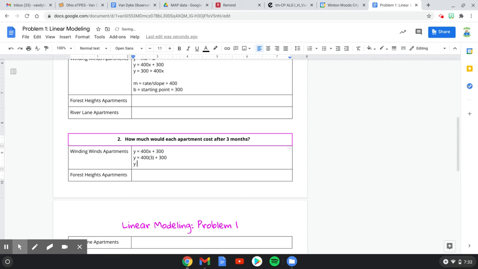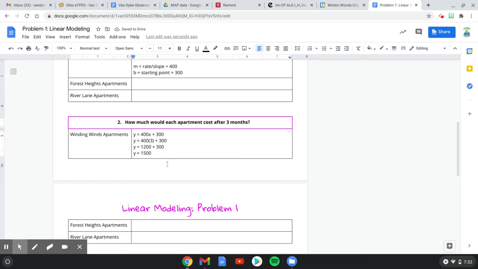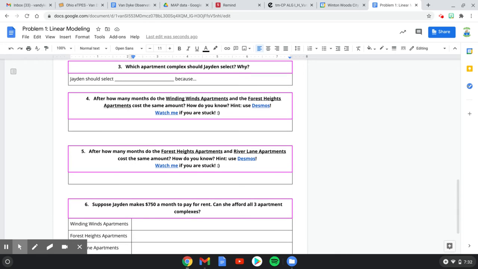I'm going to get that y is equal to 1,200 plus 300, giving me that y is equal to 1,500 for 3 months. Make sure it's multiplication, 400 times 3. With your other 2 equations, you can do that for Forest Heights Apartments and River Lane Apartments.